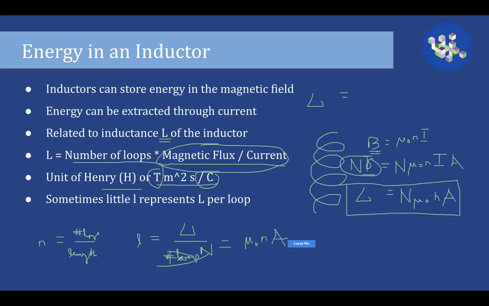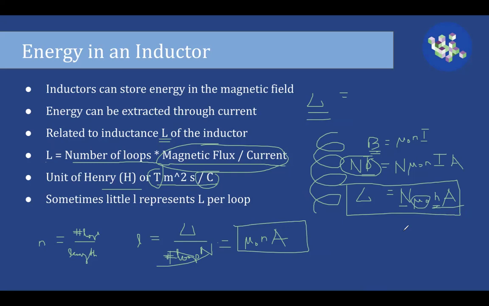This is just deriving how the inductance is an intrinsic property of each inductor. For a solenoid inductor, it only depends on the cross-sectional area and the number of turns per unit length. And mu zero is just a constant that scales everything.